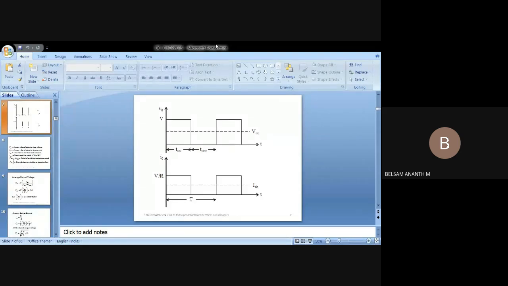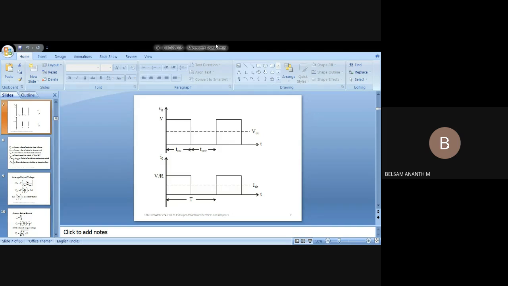Now, if you see the characteristic curve or the waveform, the first one is time versus output voltage, and the second one is time versus output current. So output voltage and output current in terms of time. Here your on time period and off time period are mentioned very clearly.